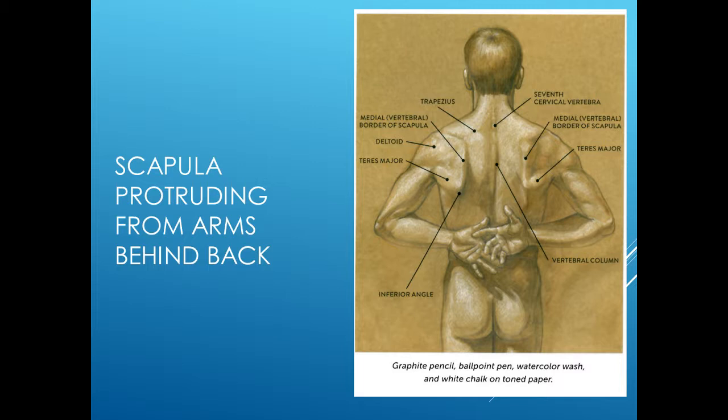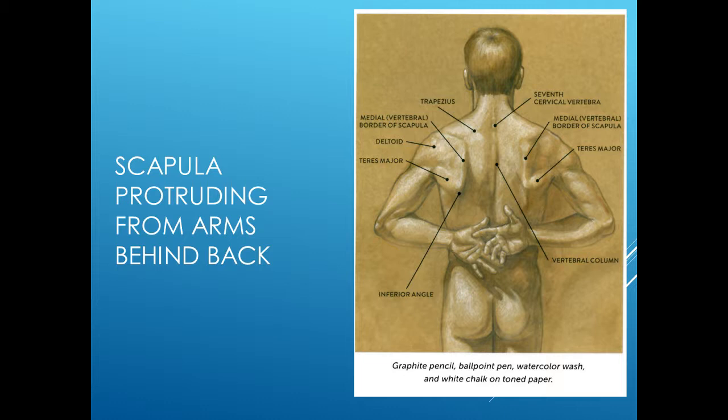You can't really count all the vertebrae from C1 to C7, but you'll get to one bone that sticks out right there. That's your C7, and that's what's being shown here. That is a bony landmark. So remember that C7 is the bony landmark, which you're seeing right there.